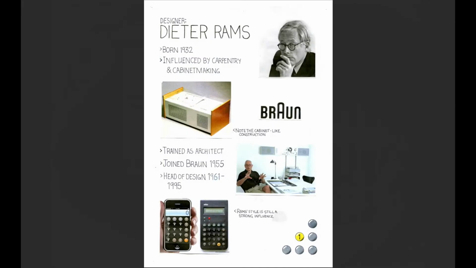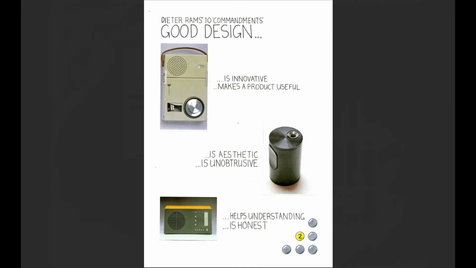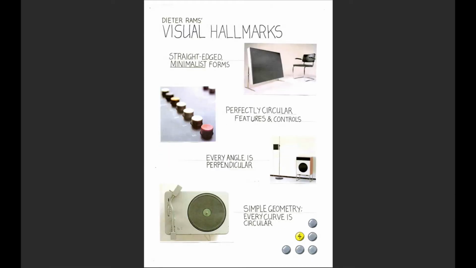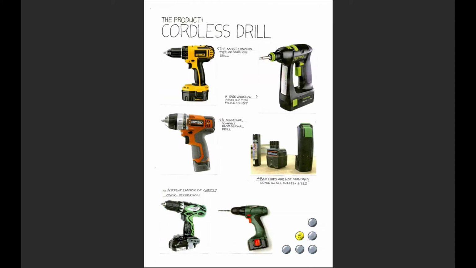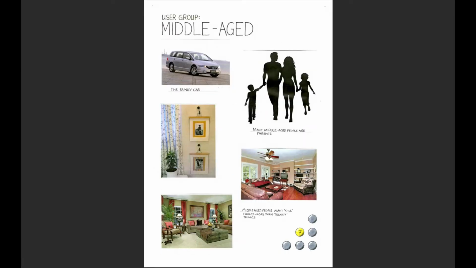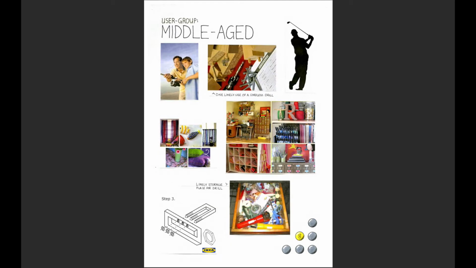So you can see information about the designer, Dieter Rams, some of his work, the visual hallmarks of that design, the things that make it distinct and identifiable, and research images of existing products, so existing cordless electric drills. And finally, images which help define and understand the user group, so obviously a middle-aged domestic market.